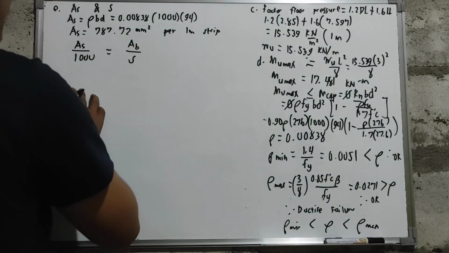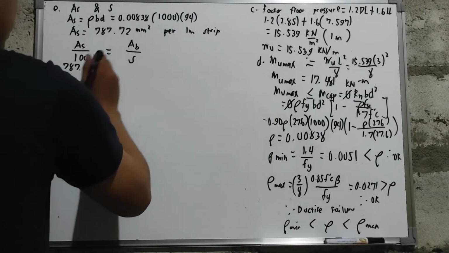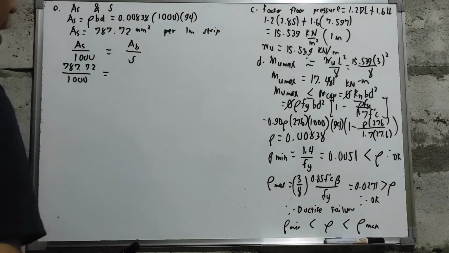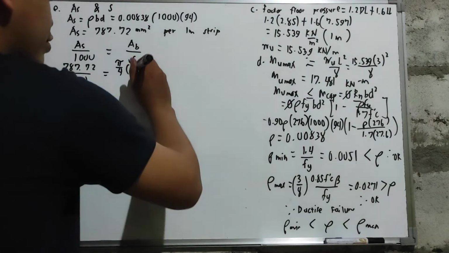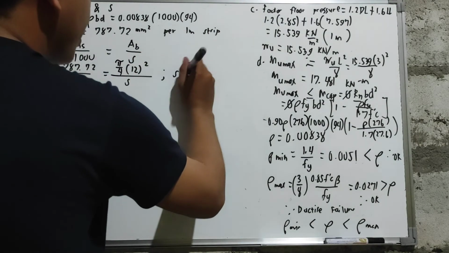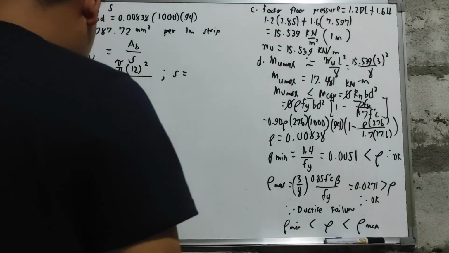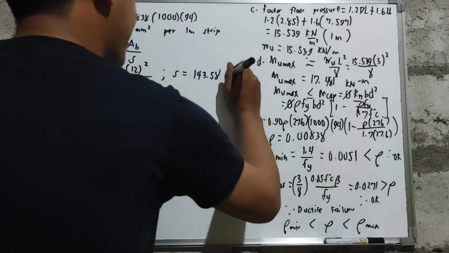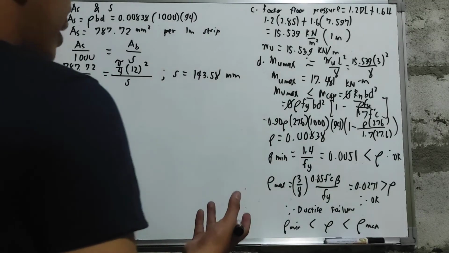So you will have yung As natin na 787.72 over 1,000 equals yung area ng isang bakal natin, that will become pi over 4 times 12 mm squared over S. So by shift solve, we can now calculate for the value of your S, which is equal to 143.58 mm.